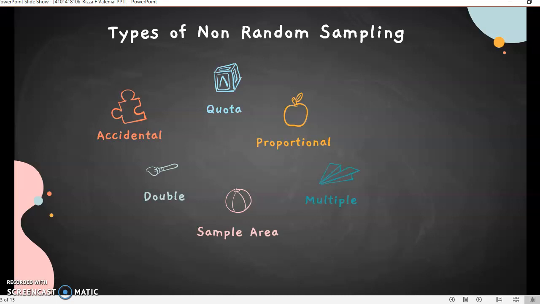And then multiple sampling or compound sampling is a sampling technique similar to double sampling but with an expansion or an increase in the number of samples to more than two times.